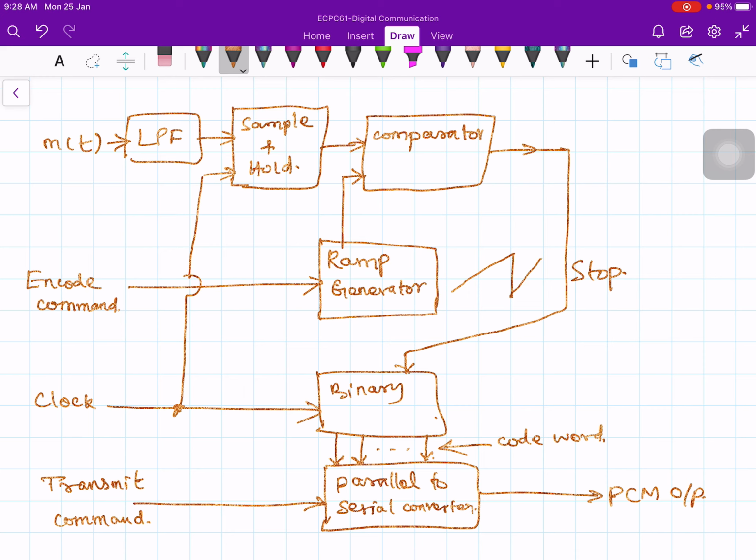So this incoming sample is compared with the ramp output. This is the incoming signal, and this is the ramp output. Both are compared.